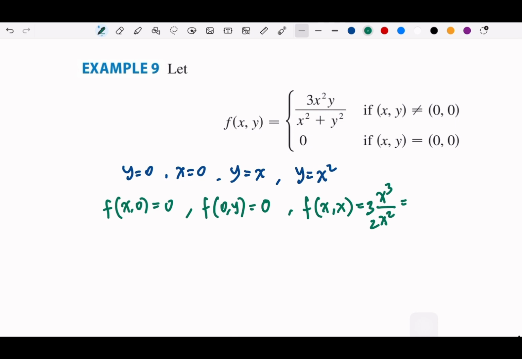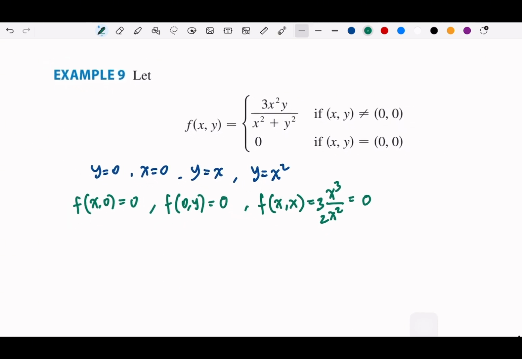So x on the top is more than the bottom one, so if we take the limit it is going to be 0, and we suspect that maybe the limit exists.